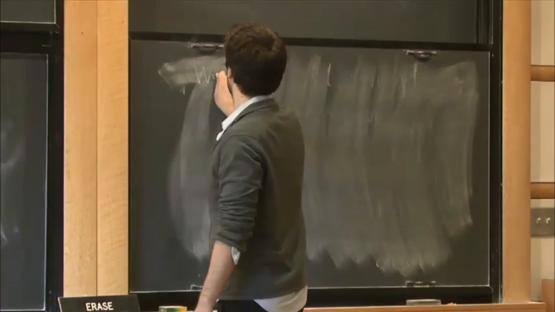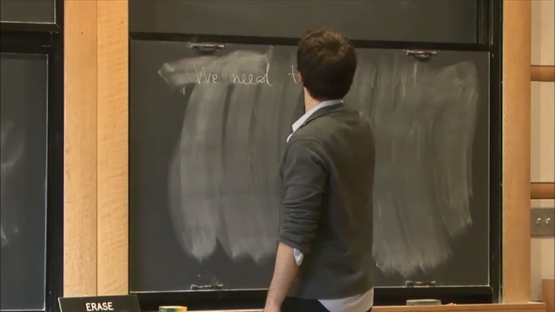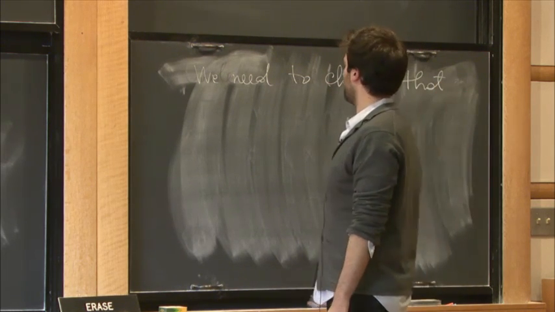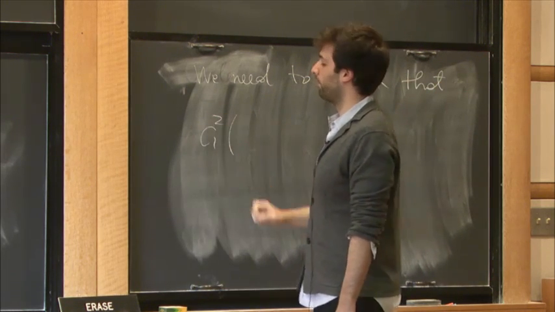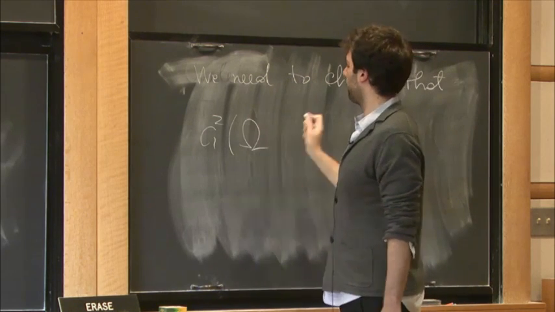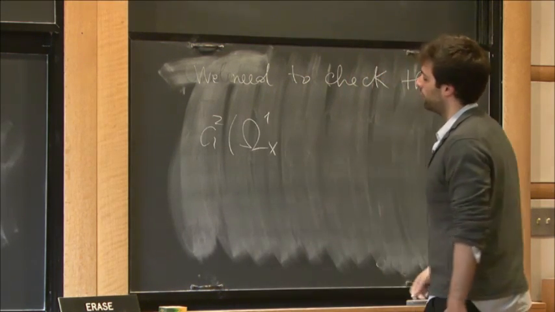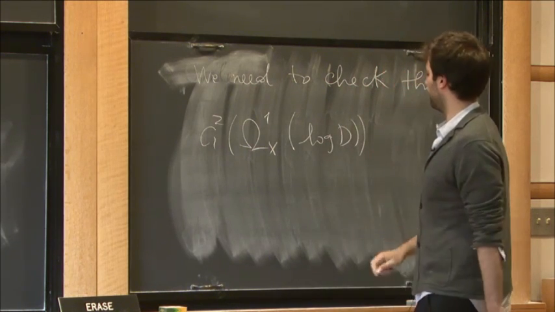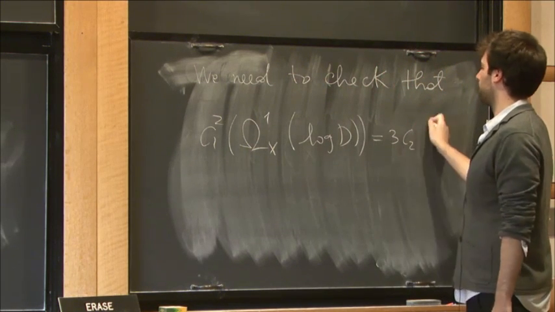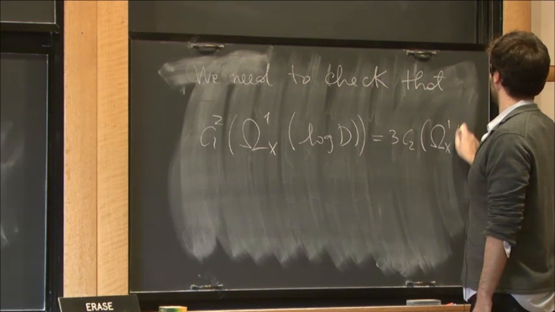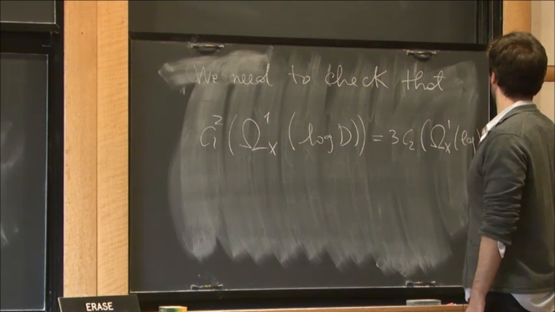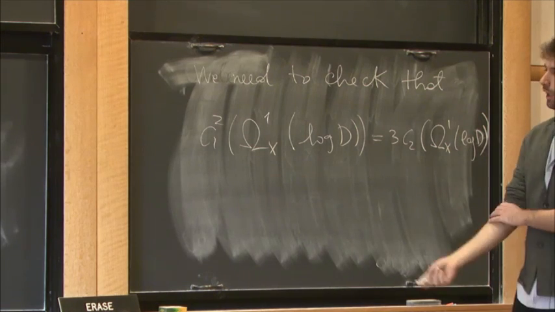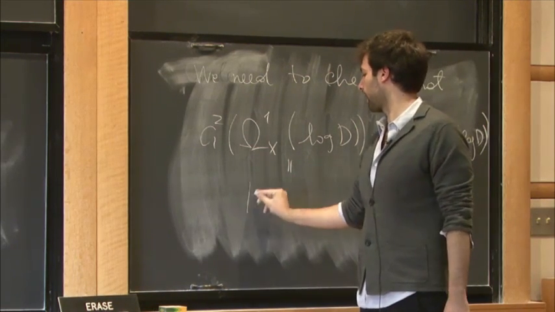So we need to check that if I take c1 squared of the sheaf of differentials with logarithmic poles along D, then this has to be 3 c2 of the same thing. If you do a little computation, this is exactly (K_X + D) squared.